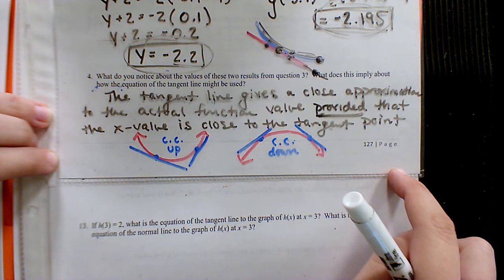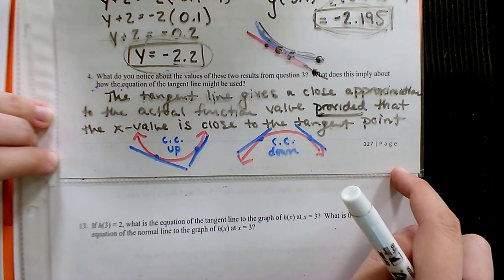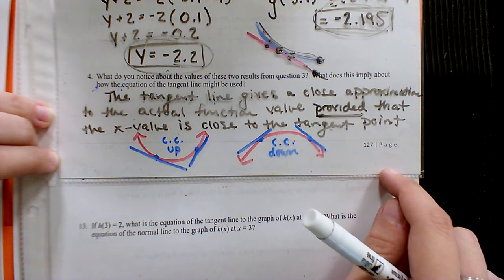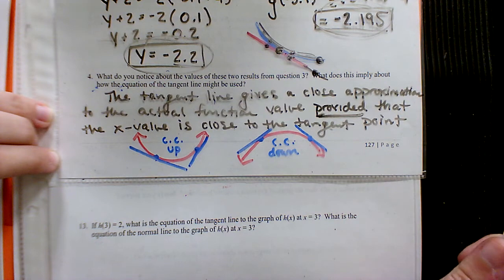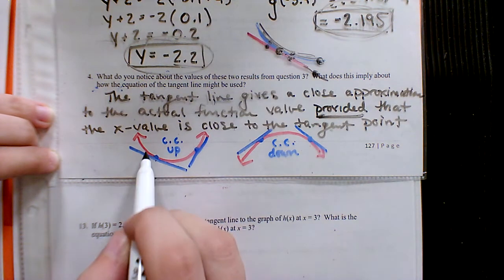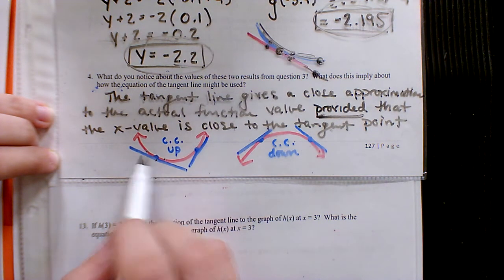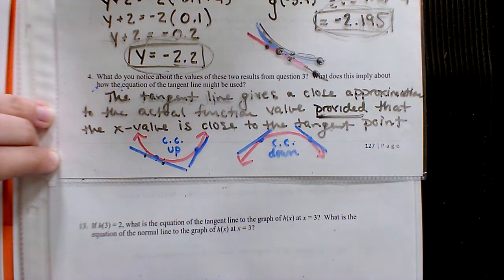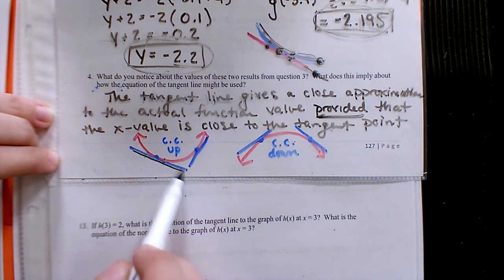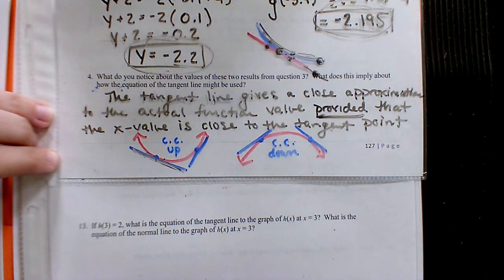Can you describe where those tangent lines, those blue ones, are in relation to the red one, no matter which point you pick? Can you see how they're below the graph? No matter if we pick a point to the left or to the right of this one, notice how the tangent line is going to be less than the actual graph. So if you have a concave up, your tangent line approximation is going to be smaller because your tangent line is below the actual graph.